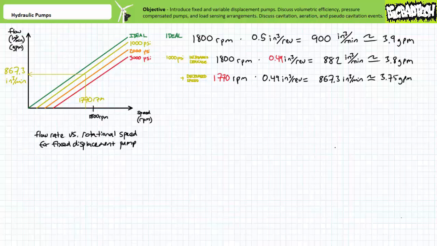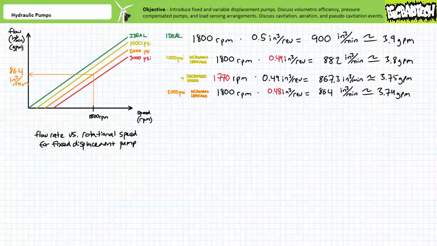This curve suggests that the pump rotated at 1,770 RPM at a pressure requirement of 1,000 psi only produces roughly 867.3 cubic inches per minute, or roughly 3.75 gallons per minute. This flow rate, by the way, exactly matches a pump with a displacement of 0.49 cubic inches per revolution operated at 1,770 RPM.